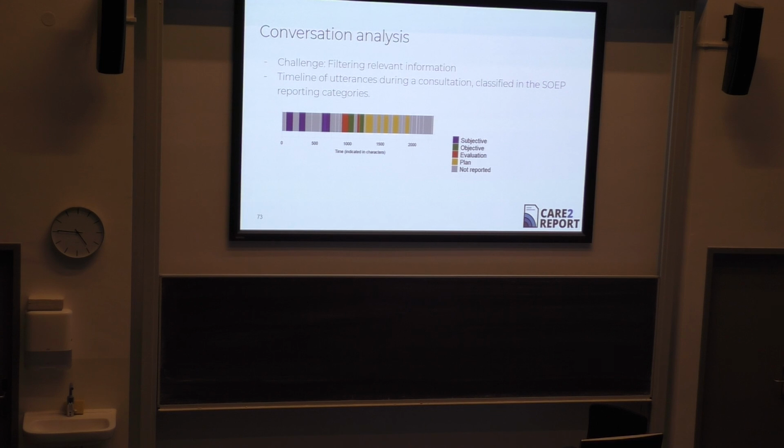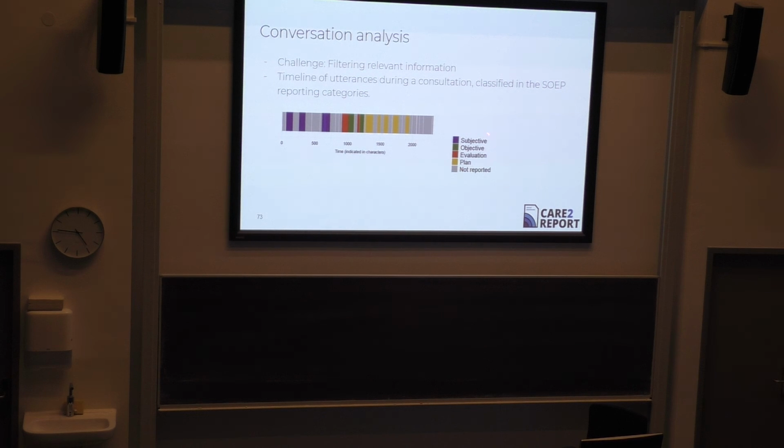And this is for the conversation analysis, where the challenge is filtering relevant information. For a consultation of 5 or 6 minutes, this is the number of words or characters.